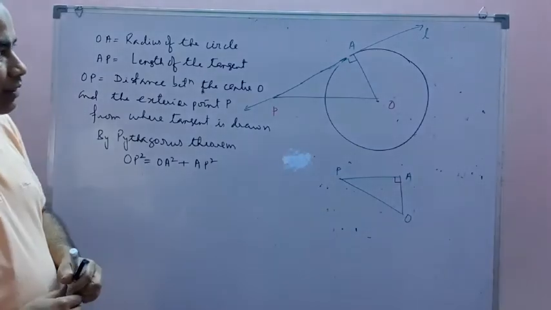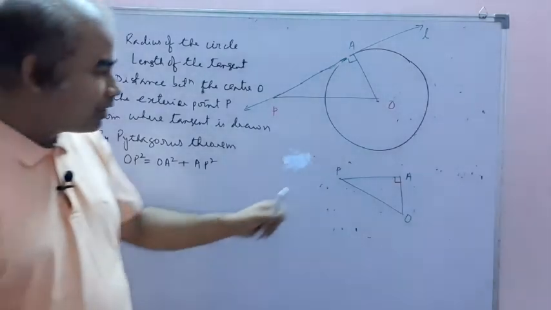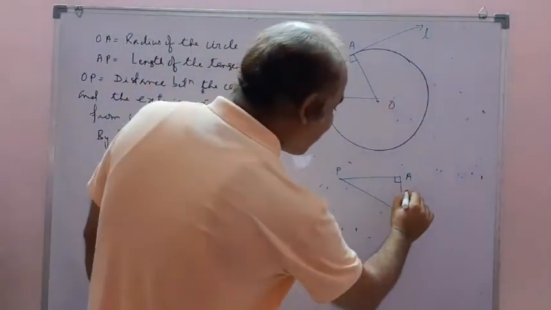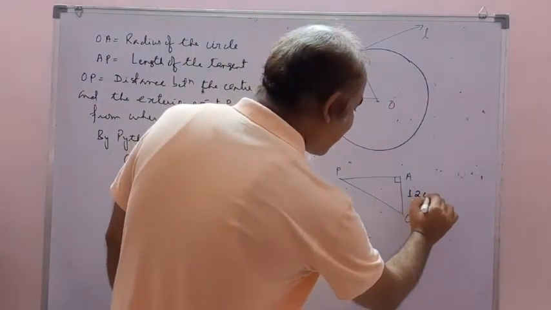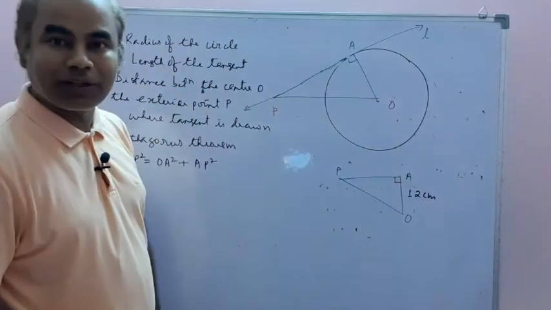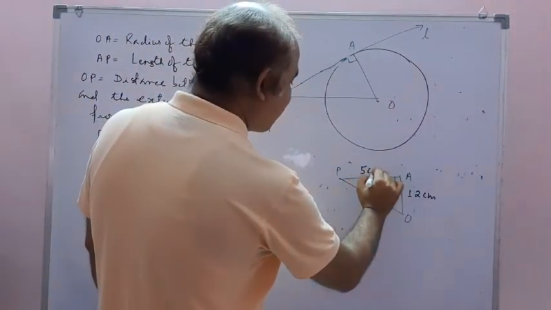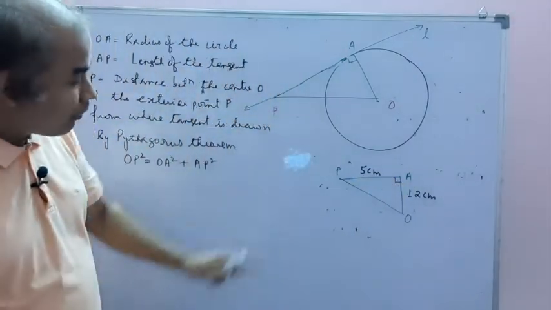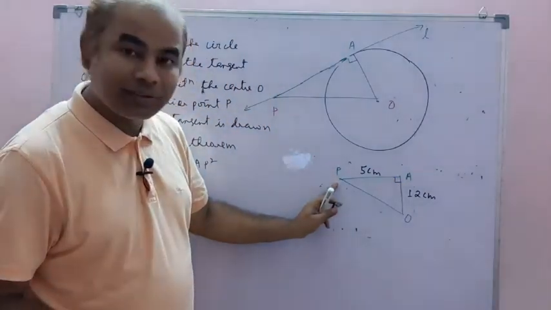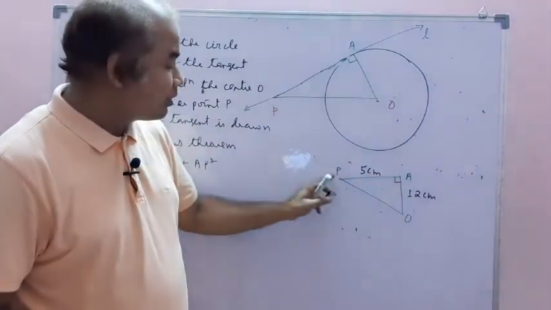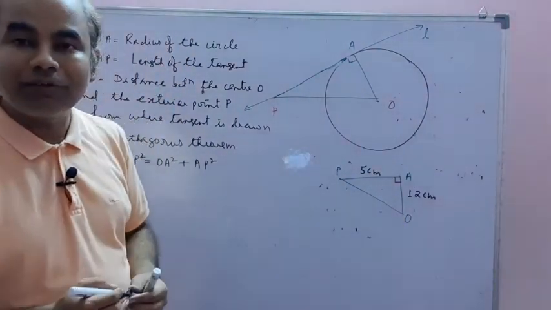Say for example, suppose there is a numerical problem like that. The radius of the circle is given, suppose 12 centimeter. OA is 12 centimeter. Length of the tangent is given, suppose 5 centimeter. So what is the distance of the point from where the tangent is drawn from the center? So what is OP? You can find that out.